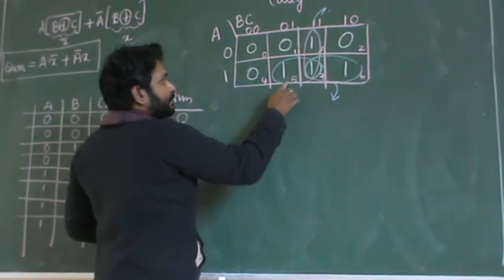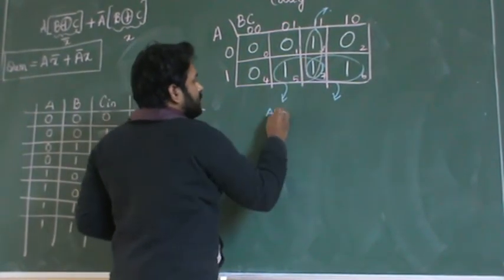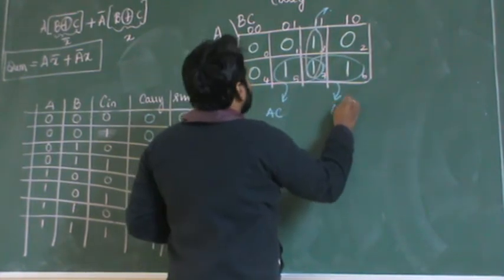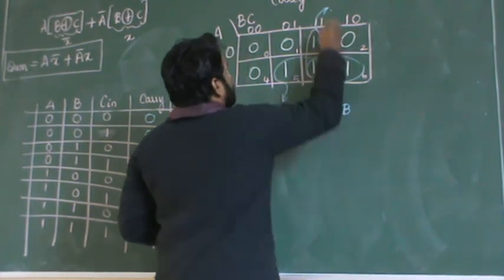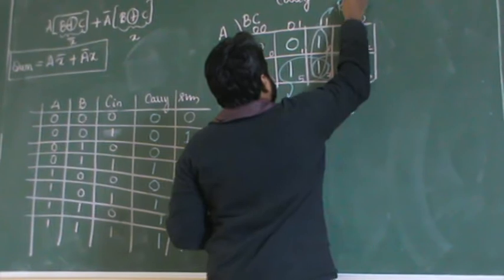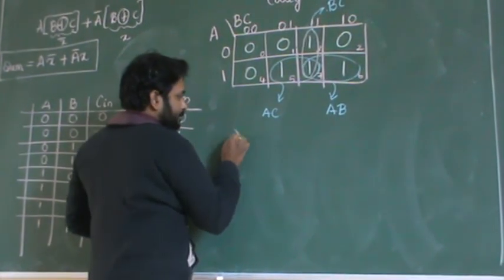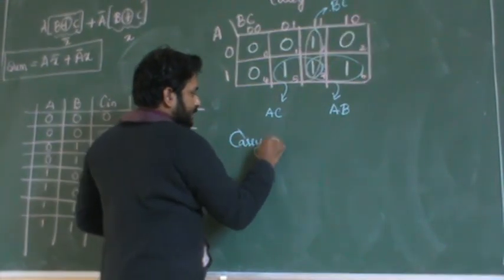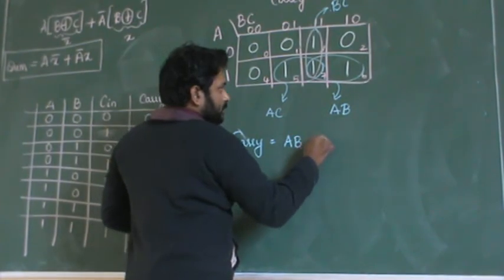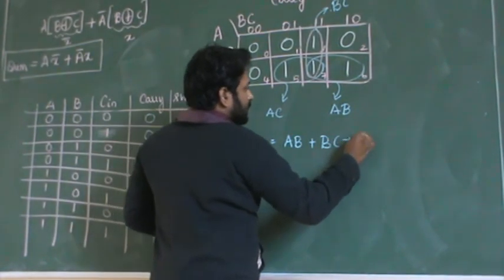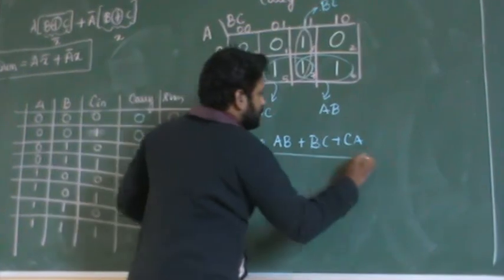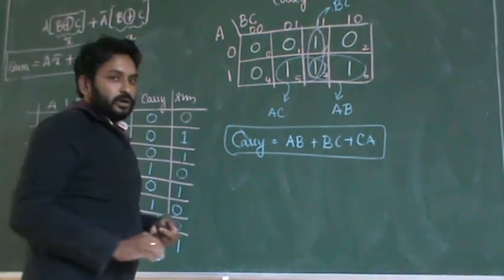It is A and it is C. What is this? A and B. And what is this? It is just BC. So what is the answer for carry? The answer for carry is AB plus BC plus CA. This is the expression that you are getting for carry.